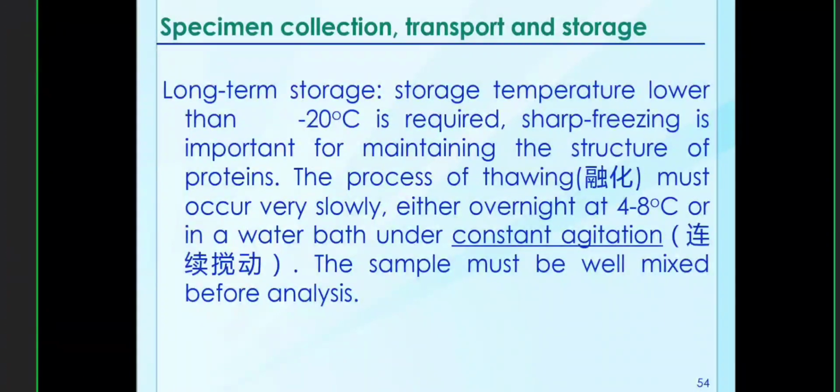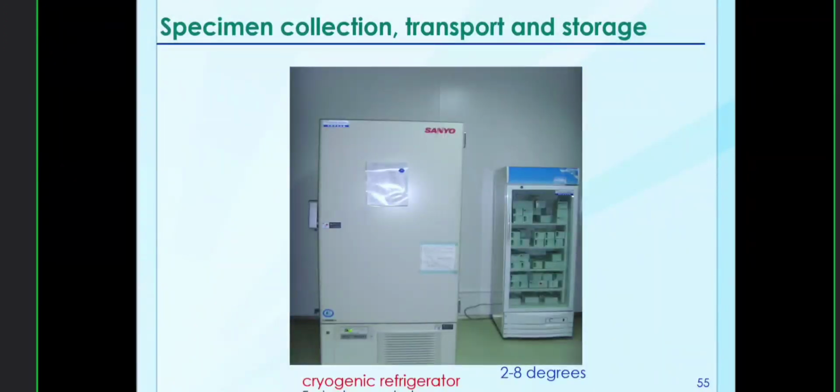For long-term storage, a temperature lower than minus 20 degrees centigrade is required. Sharp freezing is important for maintaining the structure of the proteins. The process of thawing must occur very slowly, either overnight at 4 to 8 degrees centigrade or in water baths under constant agitation. The sample must be well mixed before analysis.